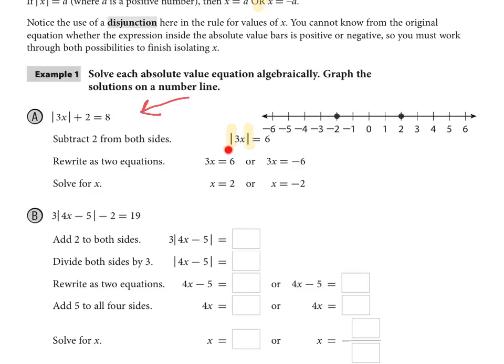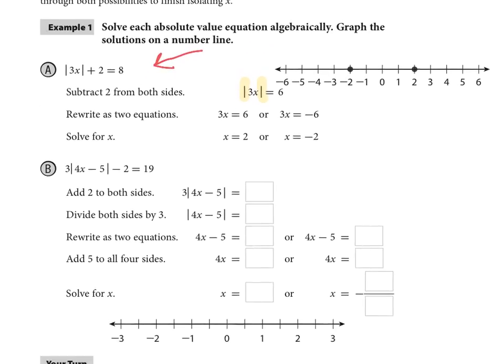At first, we can say 3x equals 6, or we can say that that quantity 3x equals negative 6, because we know the absolute value bars are going to change this negative 6 into a positive 6. So we keep simplifying both equations and we end up with two solutions: x is equal to 2 and x is equal to negative 2.